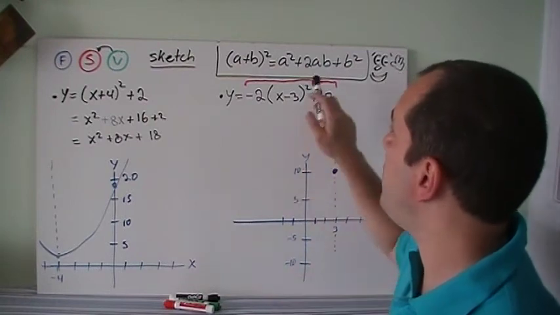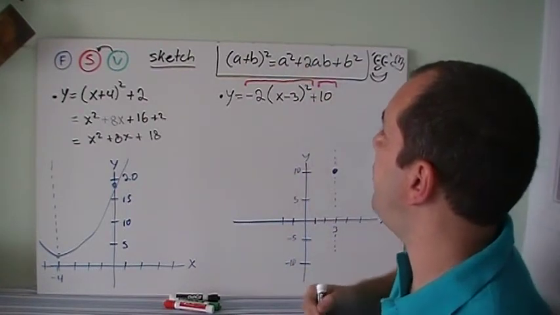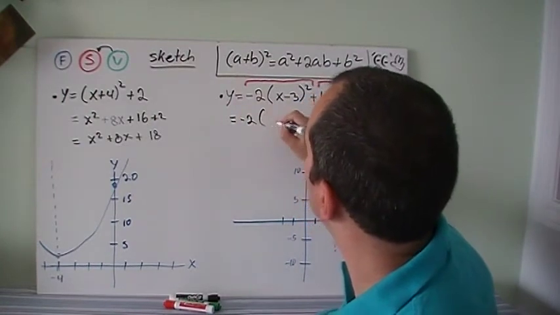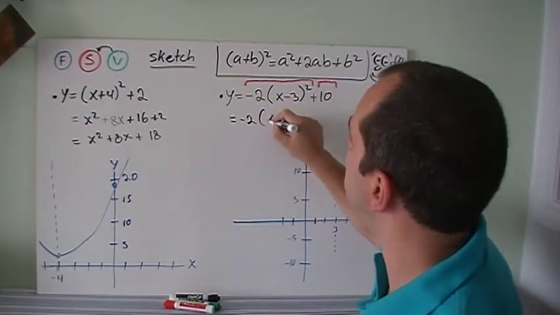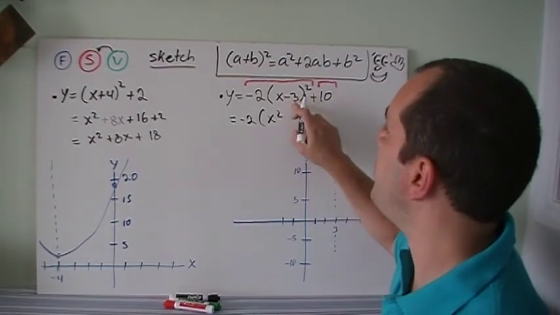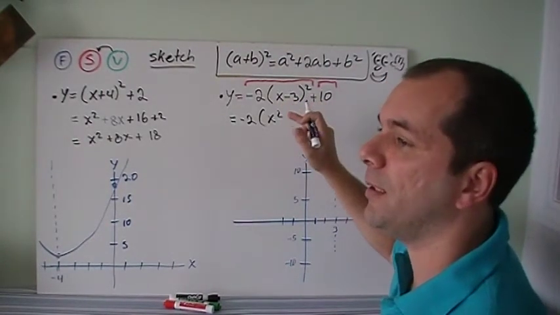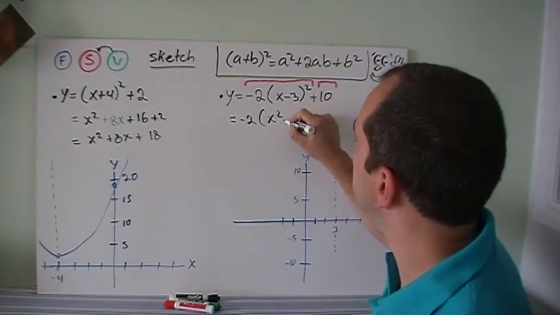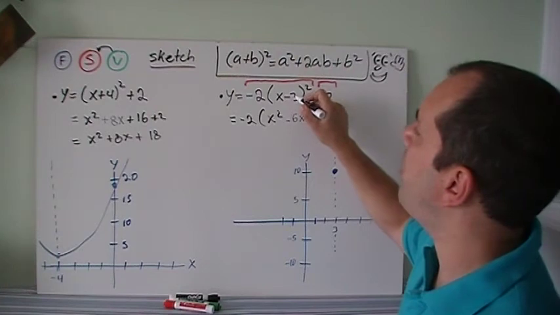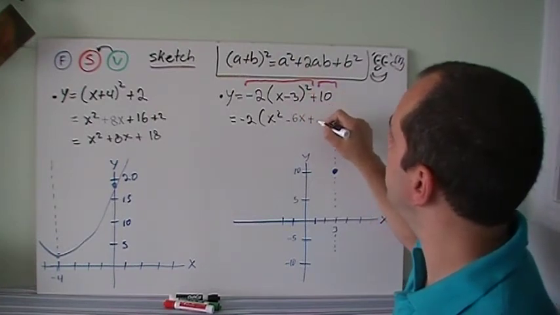So if we remember this formula, that's going to be -2 times the square of the first, x squared. Twice the first times the second: -3 times x is -3x, twice is -6x. And -3 squared is +9.